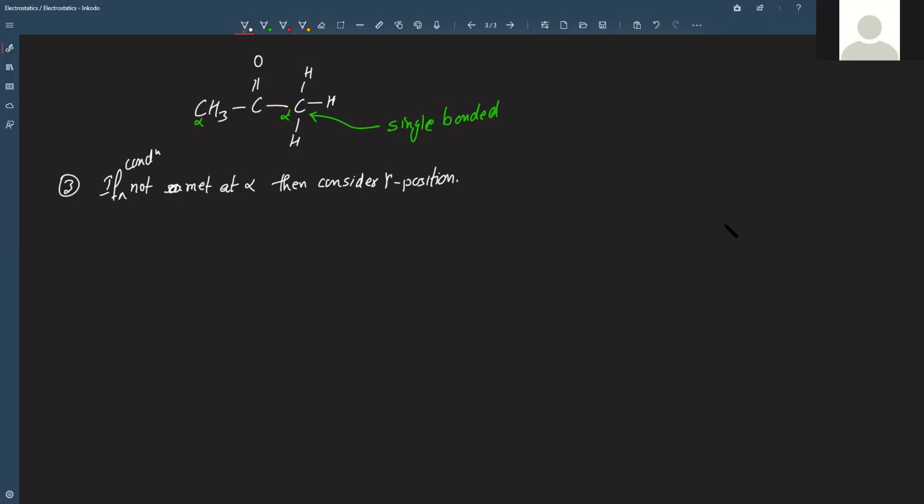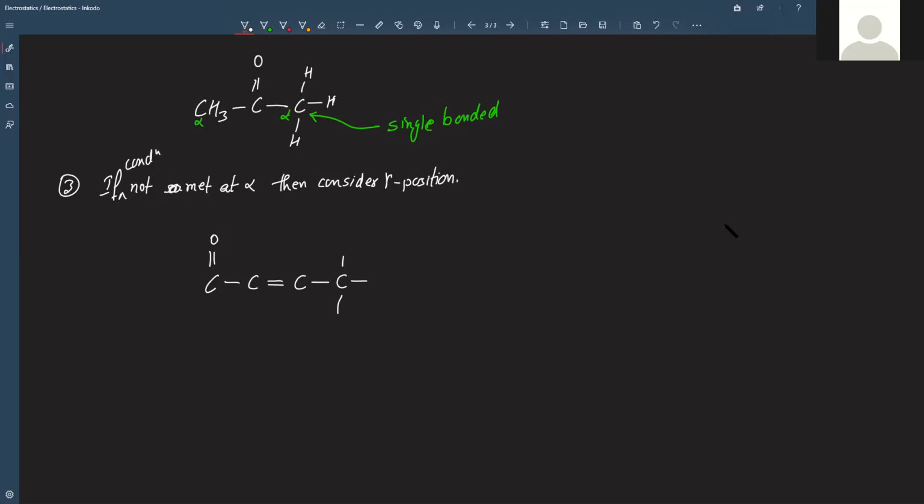Suppose we have this C double bond O, then C. So if we consider this double bond O, then this C is at alpha position. Then suppose there is a double bond, carbon, and after that a single bond, carbon, and that carbon has all single bonds.